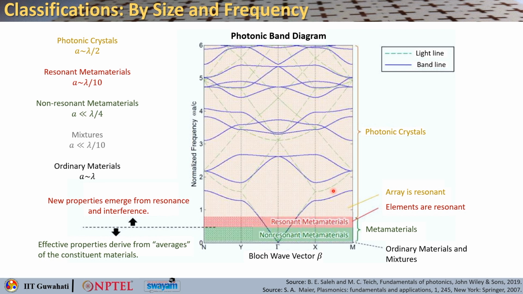But here I have put everything together just to tell you that the scale comparable to the wavelength tells you whether the thing that you have made is a photonic crystal, a resonant metamaterial, a non-resonant metamaterial, or a mixture or ordinary material. Okay. So, this relation of the size and the periodicity of the unit cell with the wavelength lambda of the interacting electromagnetic wave is very important.